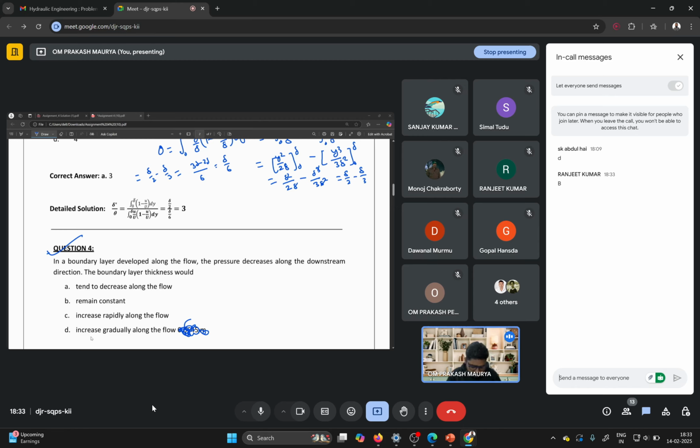So everyone, please try to first understand why the boundary layer develops in the flow, then you can very easily understand.